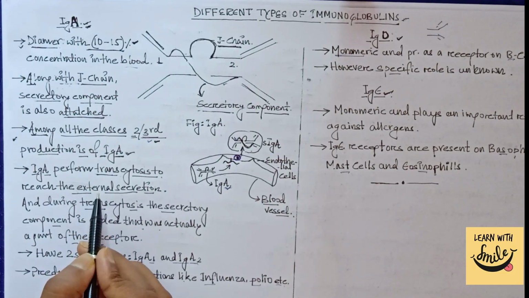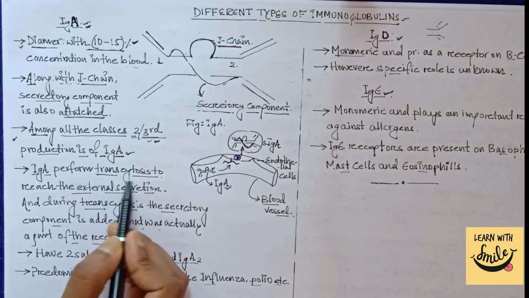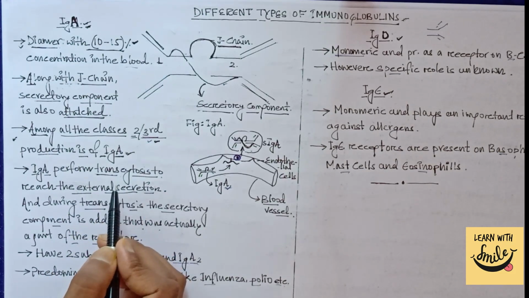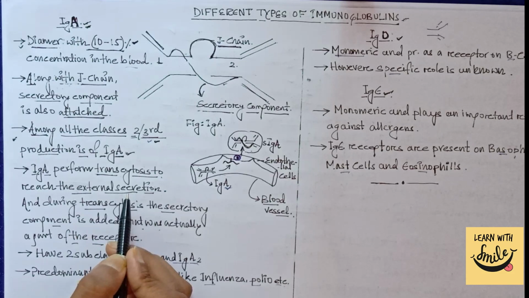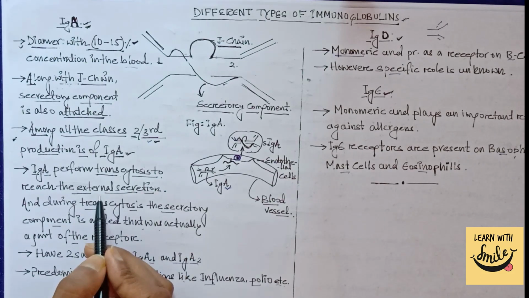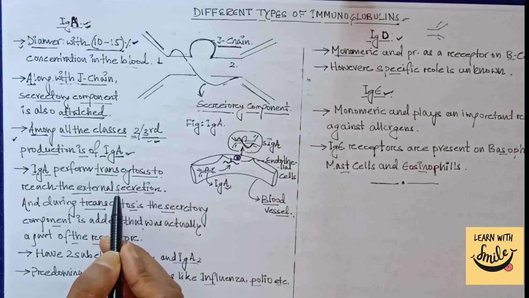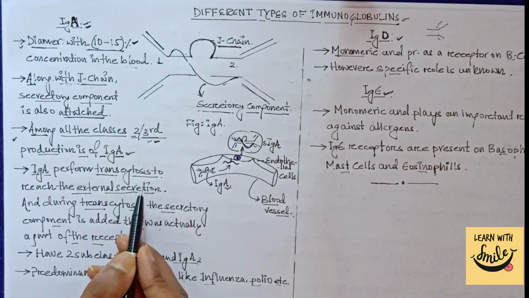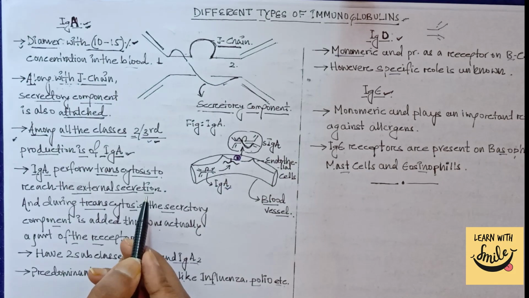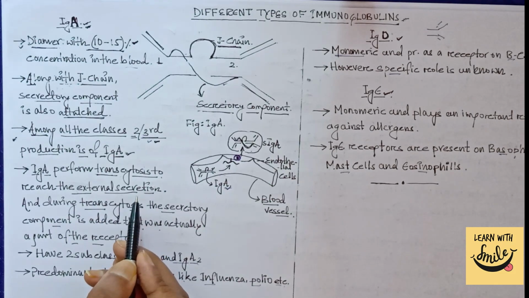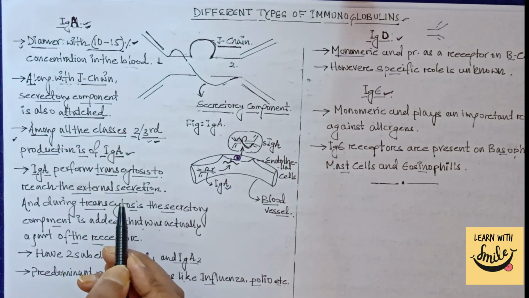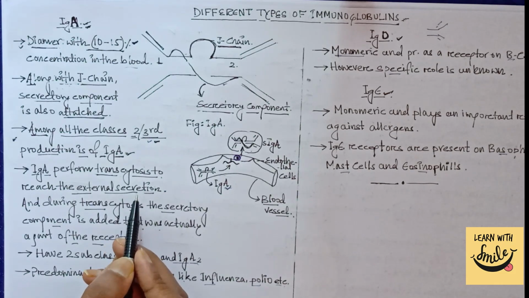To understand this, you need to understand two things: what is transcytosis, via which the immunoglobulin reaches the external secretion, and what external secretions are in the first place. External secretions are secretions like tears, saliva, and mucus, for example mucus present in the respiratory tract, in the gastrointestinal system and so on.